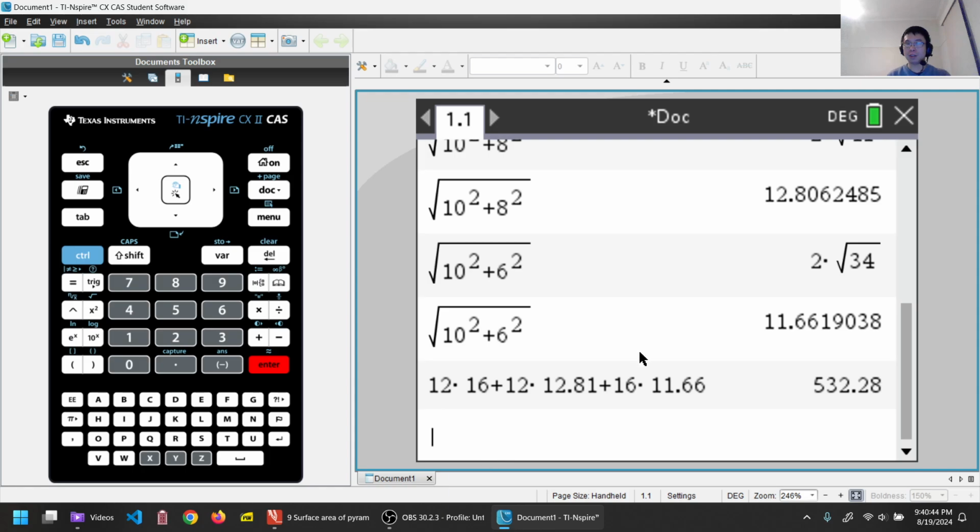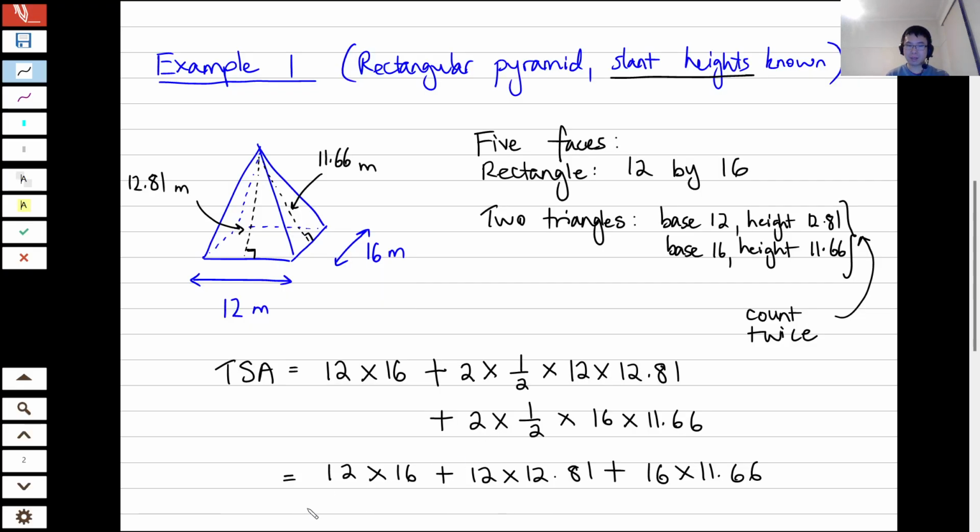Okay, so the number isn't as important as the process that we went through to do this calculation. All we did was we added the areas of each individual face together and then got the total, which in this case was 532.28 square meters.